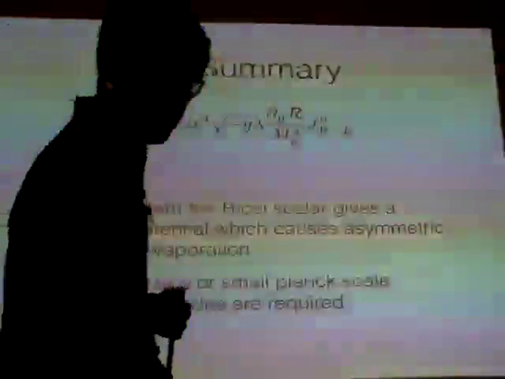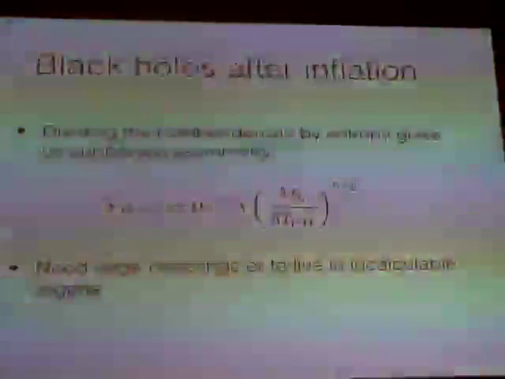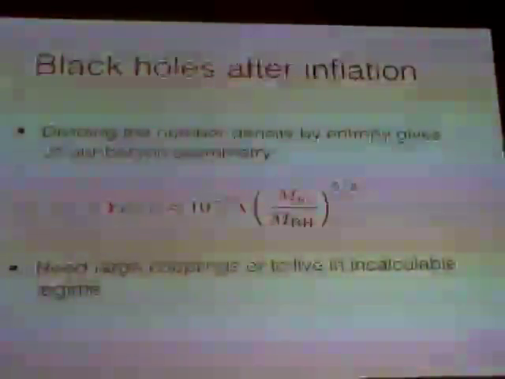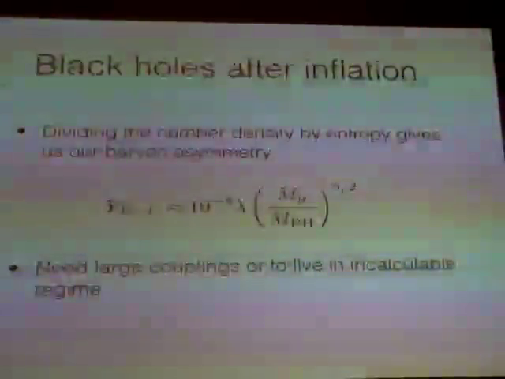So large lambda means this operator is not suppressed by the Planck scale anymore. So you either have a large coupling here, lambda, or you have basically Planck scale mass black holes, which you don't trust your calculation anymore. So you either need large coupling or live in an incalculable regime.